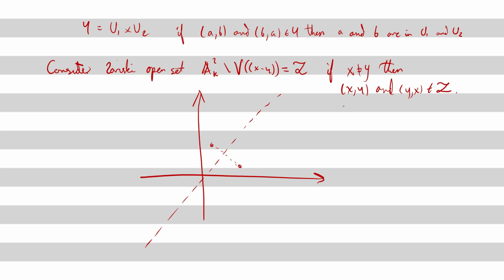Therefore, if our Zariski open set, the complement of x minus y, is indeed product open, then it is U1 times U2.